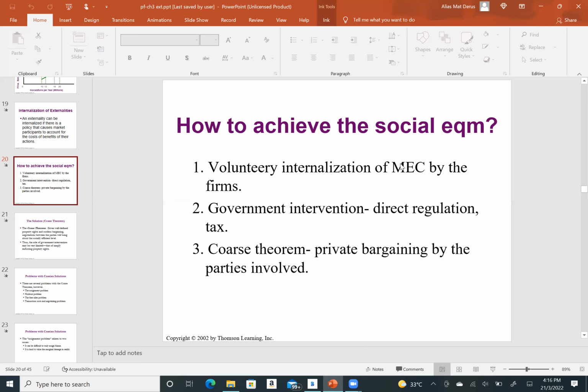All right. And thirdly, government intervention. Government will play a role. Either by policy, direct regulation, by law, or by tax. And not just tax. Tax or what? Subsidy.